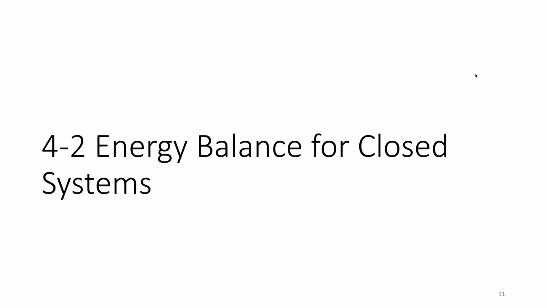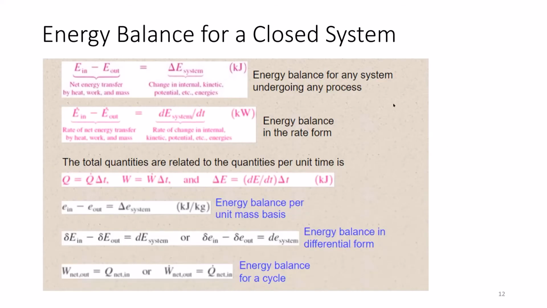Okay, I'm going to look at energy balance for closed systems. All right, so here's our equation, essentially saying the difference in energy coming in minus the energy going out is just equal to the change in internal energy. Okay. We can also do this in terms of a rate.